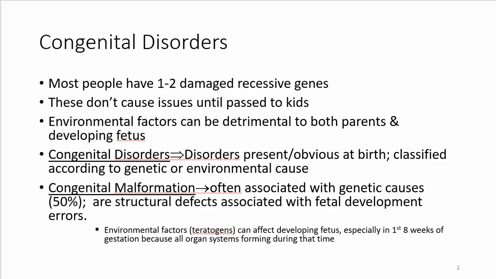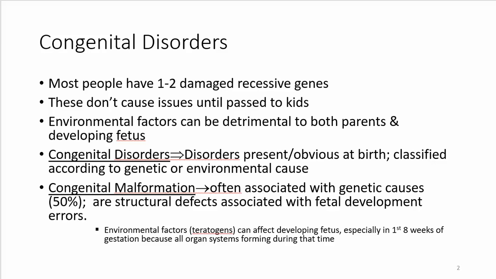Usually, or often, there's some sort of combination between genetics and environment, but environmental factors are really important. Now, I've already said congenital disorders are obvious at birth. They're present. Now, they can have a genetic or an environmental cause, or both.